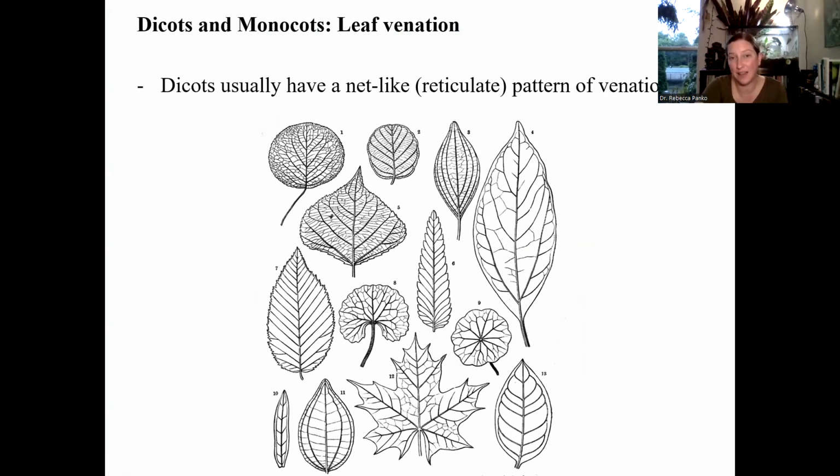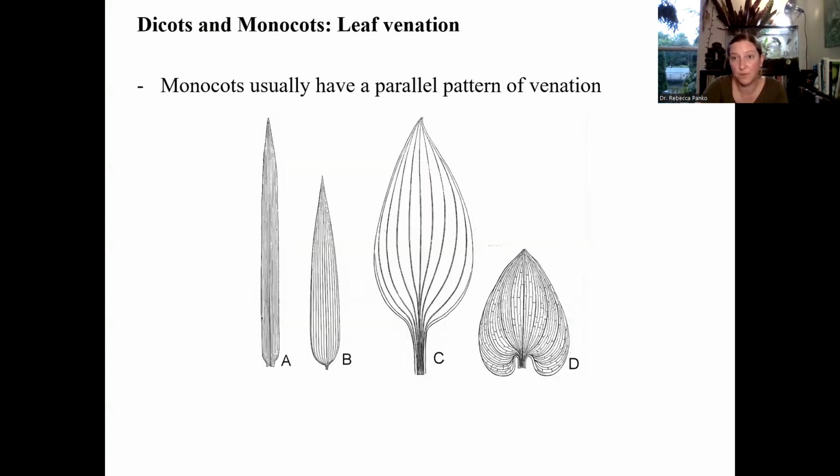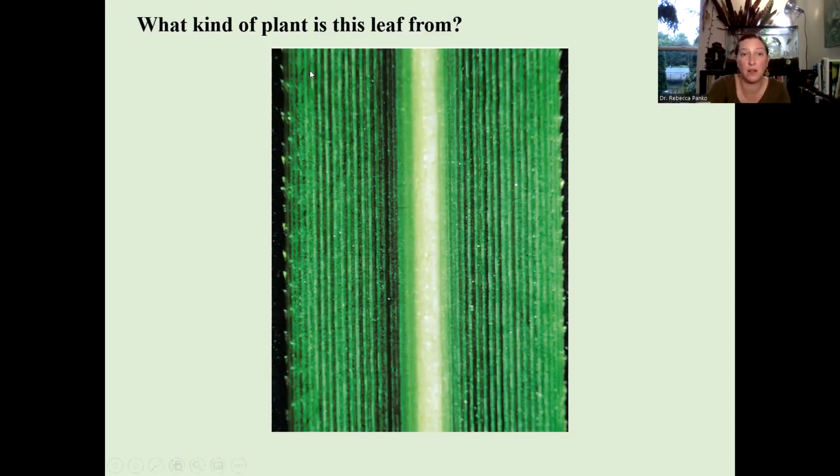Dicots usually have a net-like venation. So if this one is parallel, it has to be from a monocot. Yes, and people are writing that. Stephanie, Crystal are writing that in the chat box. Thank you. Yes, so parallel venation usually means you're talking about a monocot.